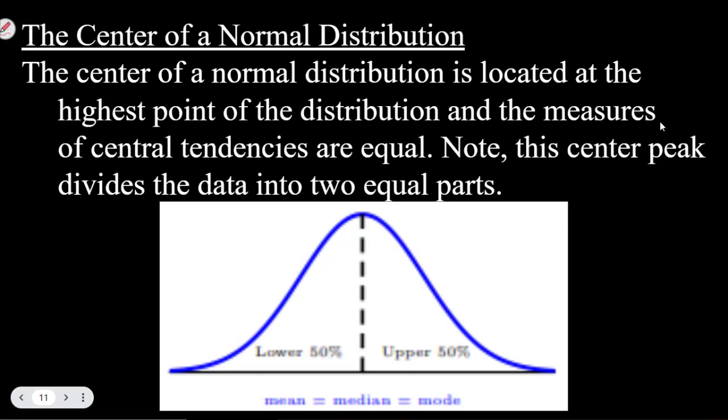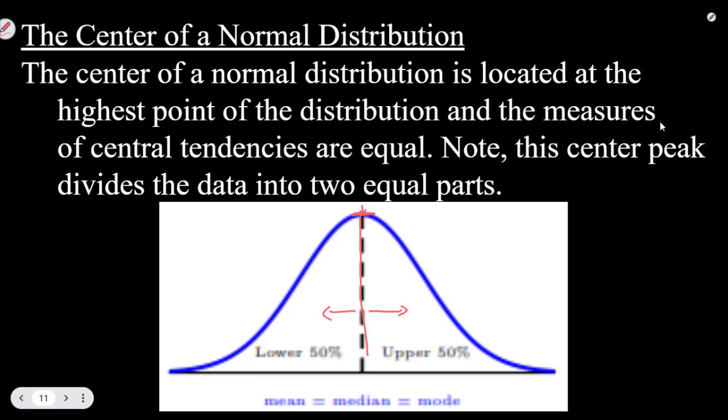The mode is the highest one, so that would be the mode, and then the median, remember it divides it into two equal parts. So in our case, we've got 50% to the left and 50% to the right of that highest point there. So the measures of all three central tendencies are equal. And note this center peak divides the data into those two equal parts. So 50% above the middle there and 50% below the middle.